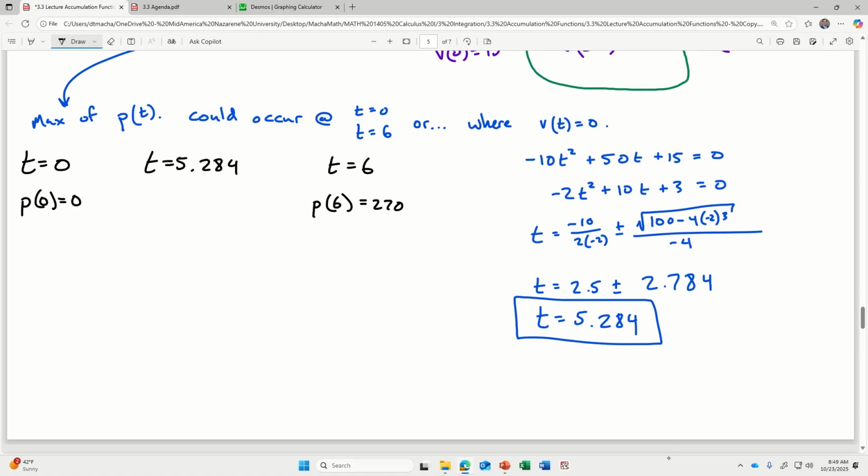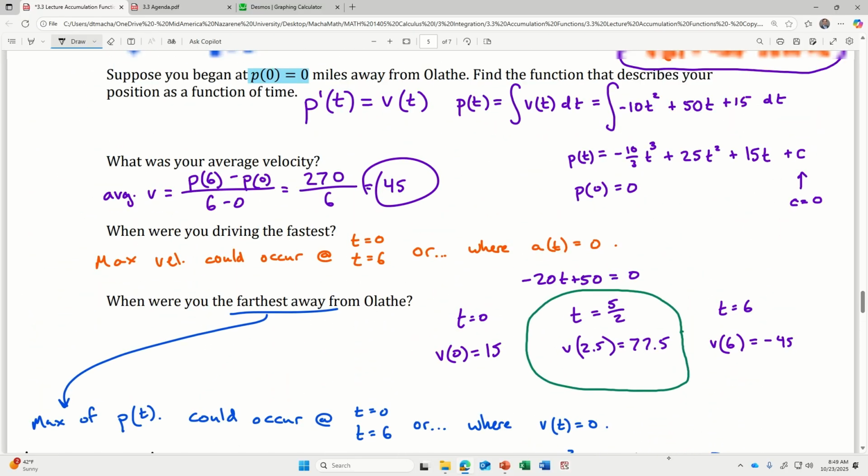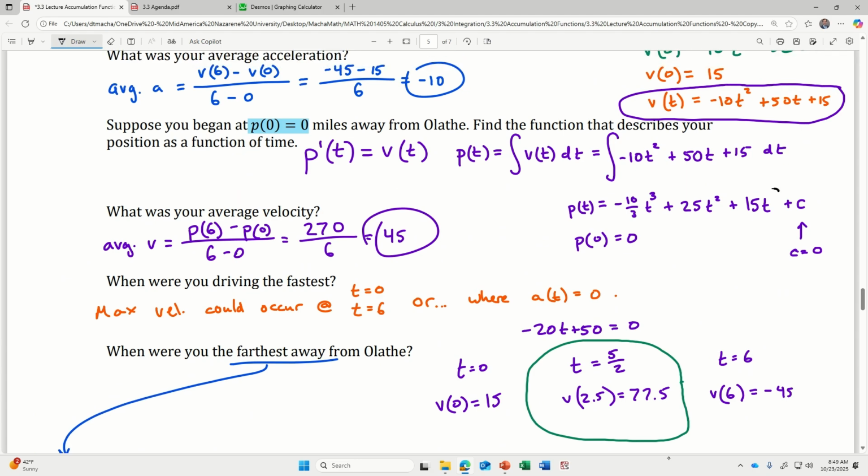Okay, the last thing we need is we need to take our position function and plug in 5.284. So here's my position function. And we need to plug in 5.284. So, negative 10 divided by 3 times 5.284 cubed plus 25 times 5.284 squared plus 15 times 5.284.